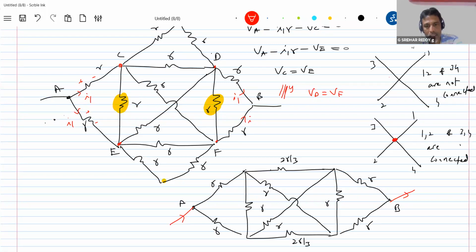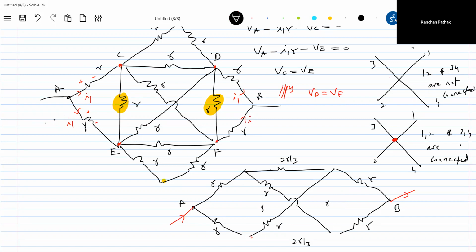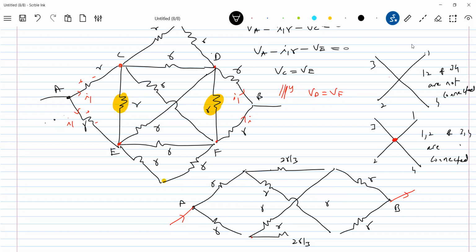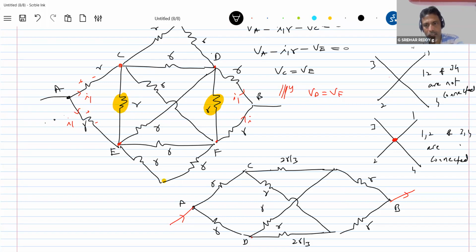Okay, this resistor I should remove, no? Sorry, they should not be there. This should be the network. There are resistors C, D. It should not be there, no? C, D, F, this is C.